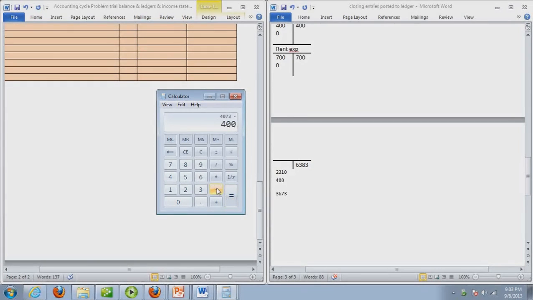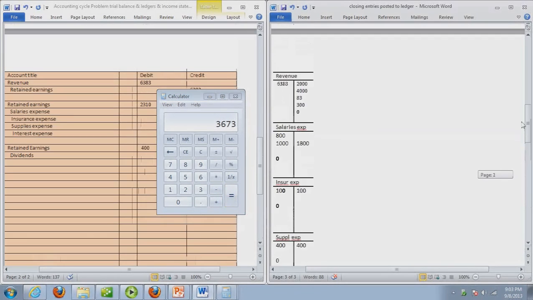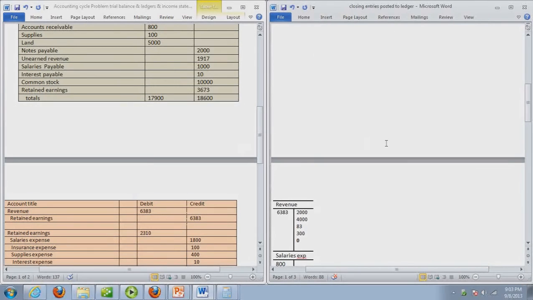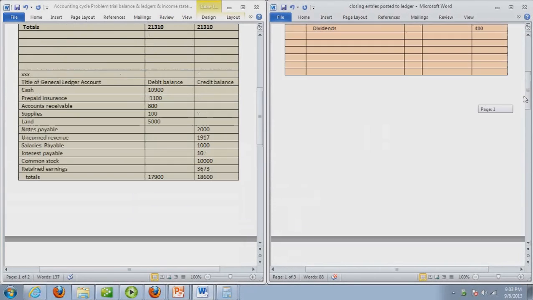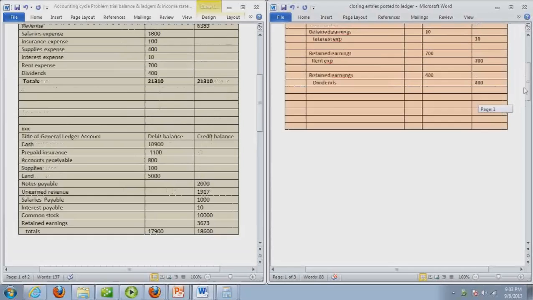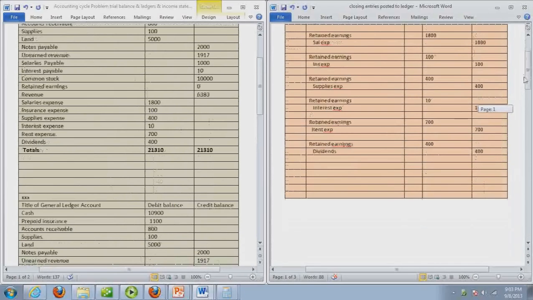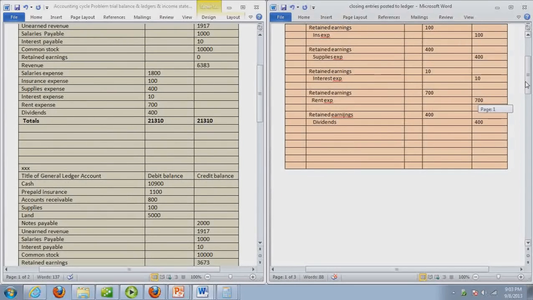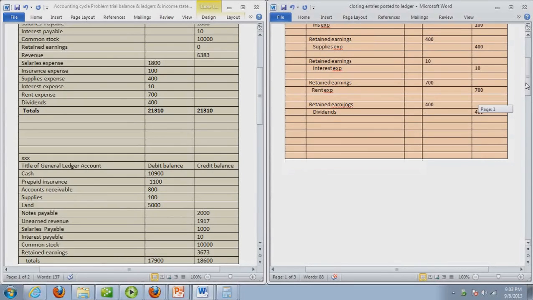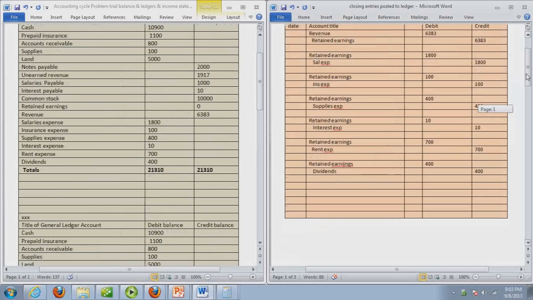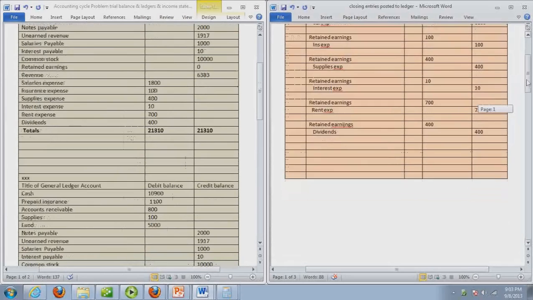Minus 400. 3673. Well, that didn't do it, did it? If I compare my two balance sheets, maybe I chopped off something accidentally. No. The debit side is 10, 110, 800, 100, 5,000.